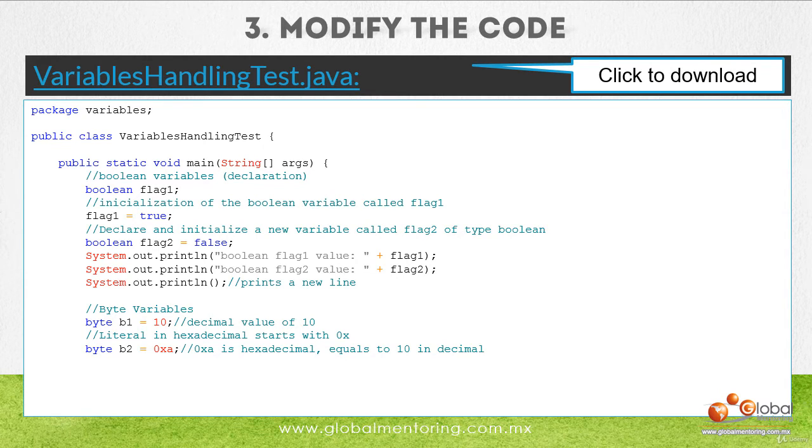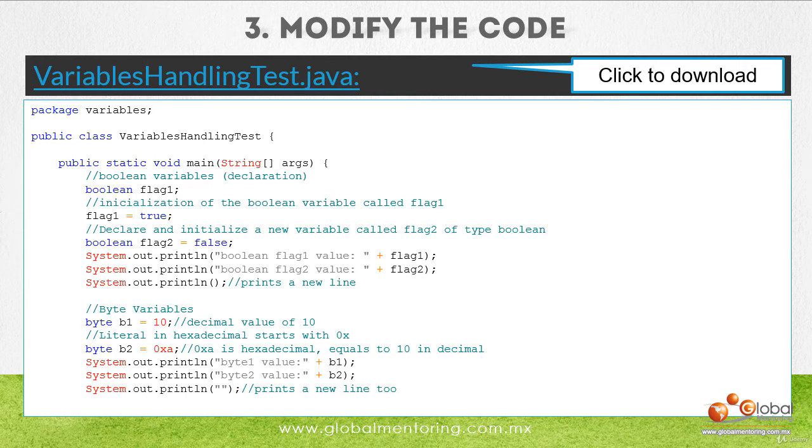So this is a hexadecimal value, but is equal to 10 in decimal. We print the byte value b1 and print the value b2. In both, we will get the value 10. And print a new line too.